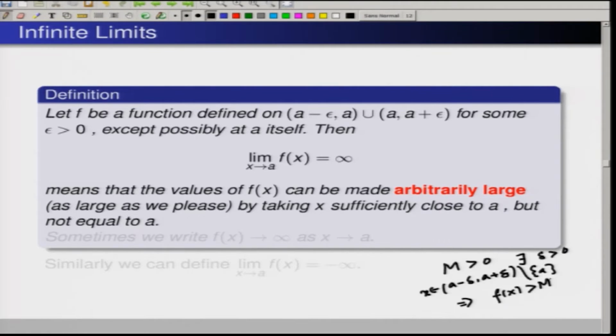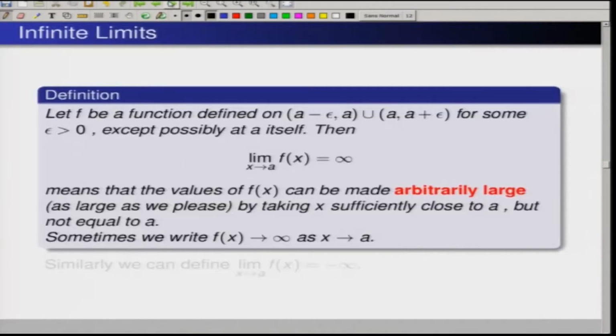Sometimes we write that f of x converges to infinity as x goes to a. Similarly, we can define it for large negative values: f of x can go to minus infinity as x goes to a.